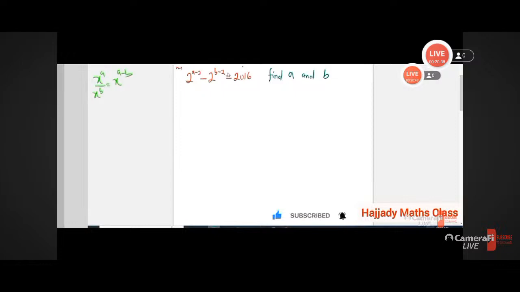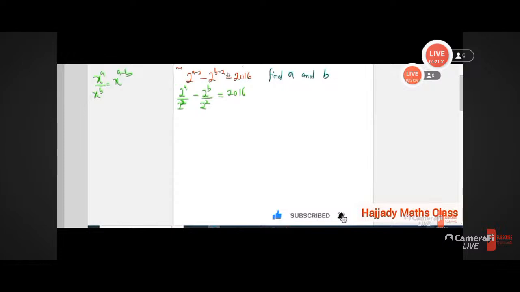Applying the same rule here, we are going to have 2 raised to power a divided by 2 raised to power b minus 2 raised to power 2, minus 2 raised to power b divided by 2 raised to power 2, equals 2016.